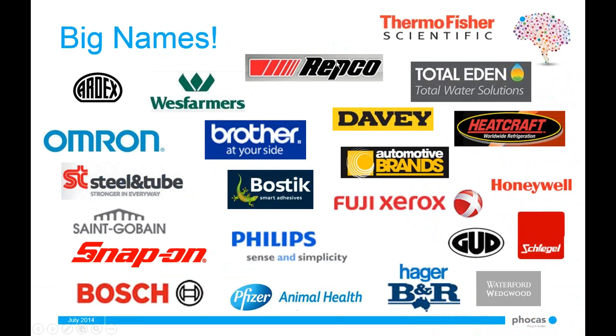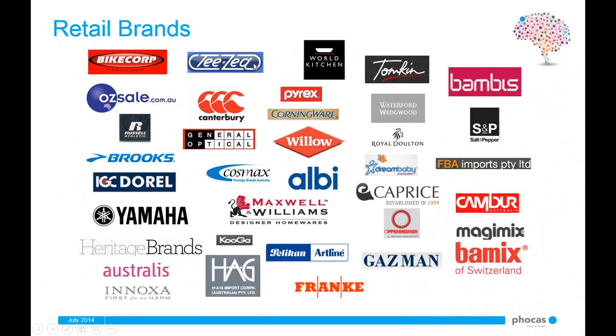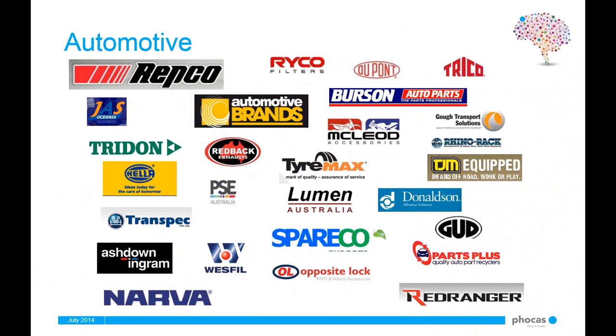You might notice some of our customers. These are our big name customers, people like Thermo Fisher, Repco, Brother, Philips, Fuji Xerox, etc. What you'll see as we go through this list are retail brands, various people like Waterford, Wedgwood, Yamaha, etc. All these businesses have one thing in common.